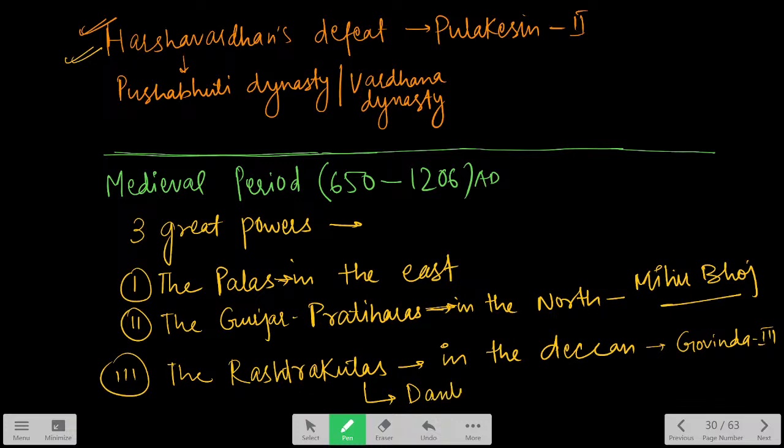Please remember this name, Dantidurga is very important. Dantidurga was the founder, and Govinda III was the greatest ruler. So these dynamics were playing out here. After that, what happened? You will get to know about this through the questions.